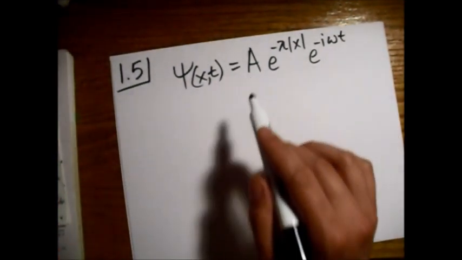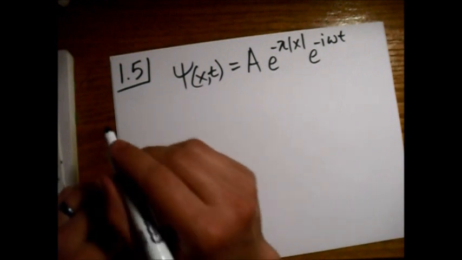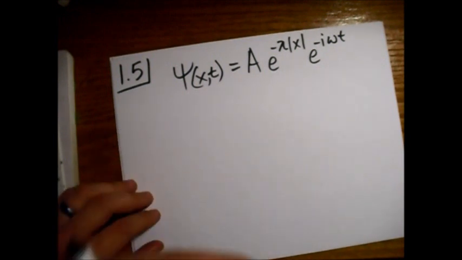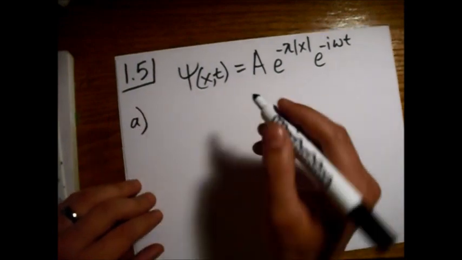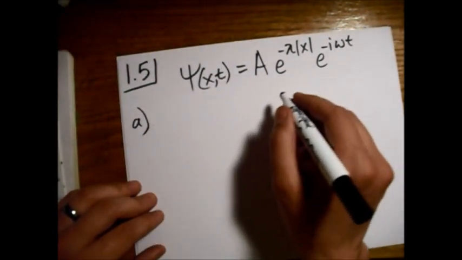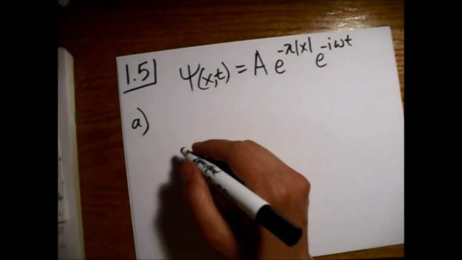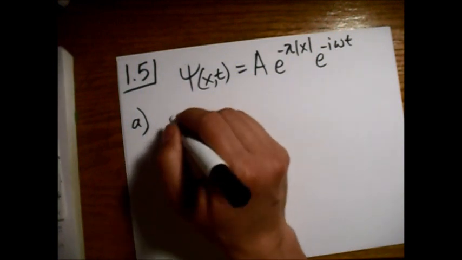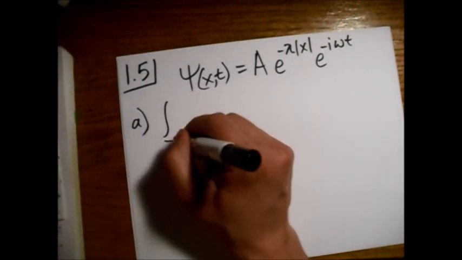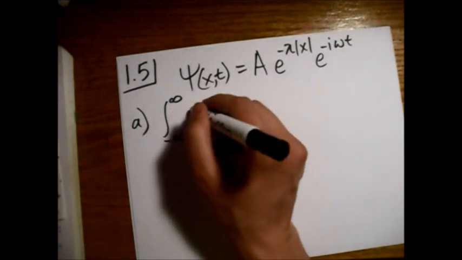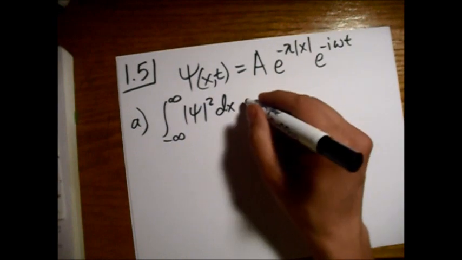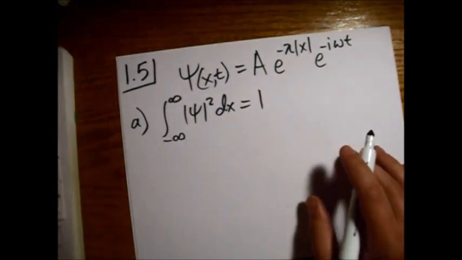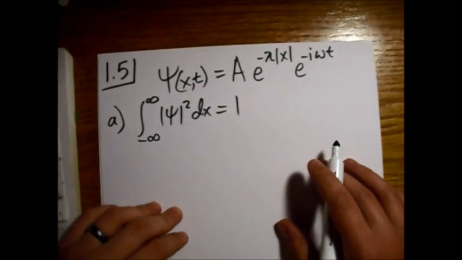So we're just going to find out what A is, basically. Alright, so part A, we're going to set this equal to 1. So we're going to find out what A is.